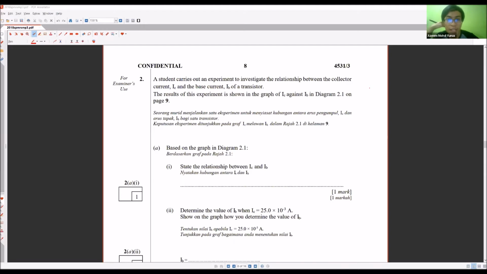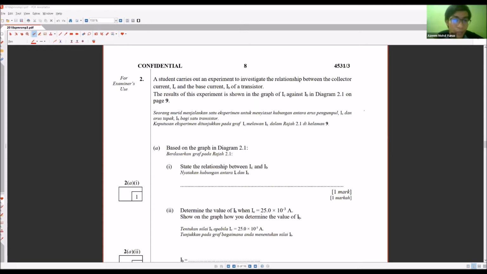So this is your chance to grab A, if not B or B plus in physics. It's not that hard. It just needs you to pay attention to details and be careful in every answer that you write.